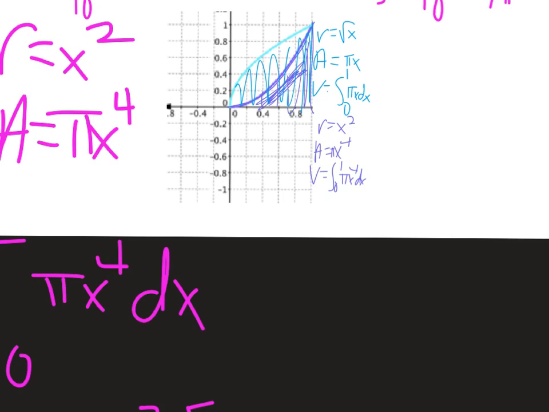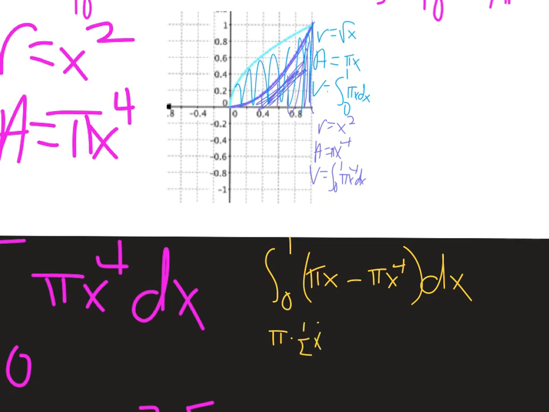So if I go 0 to 1, and I take the big one, which is pi x, and subtract the little one, which is pi x to the 4th, that should get me somewhere. So that's going to be pi 1/2 x squared minus pi 1/5 x to the 5th from 0 to 1. So that's pi over 2 minus pi over 5, which is 5/10 minus 2/10, so 3/10.